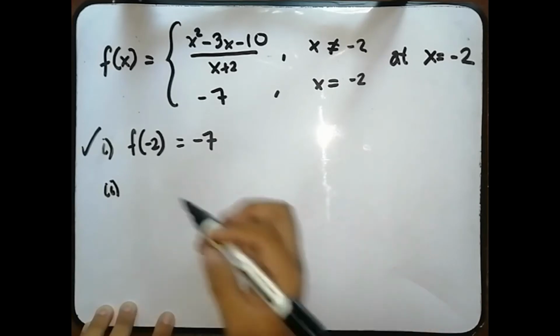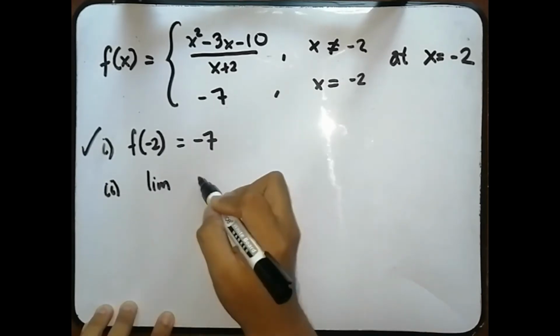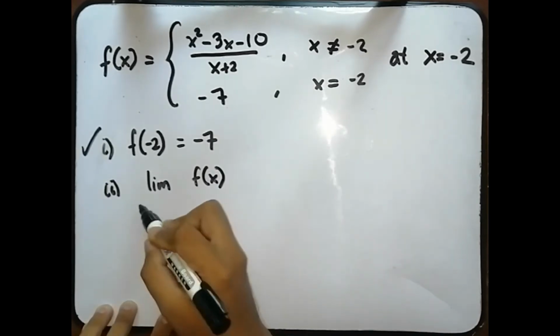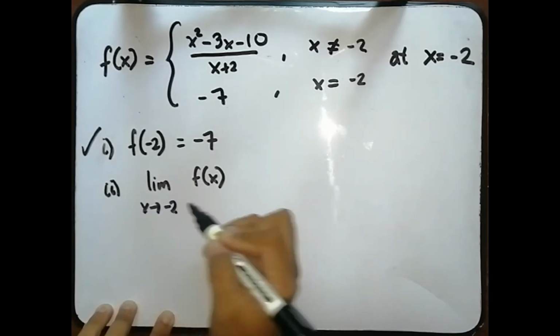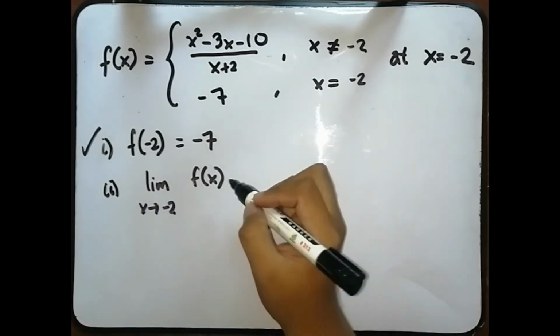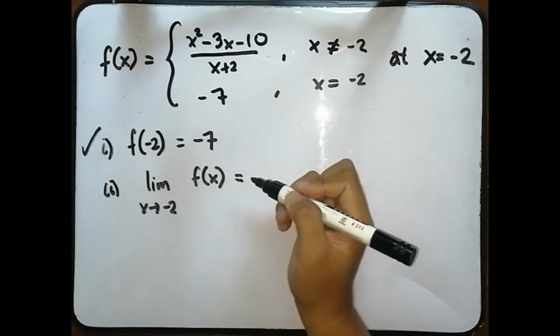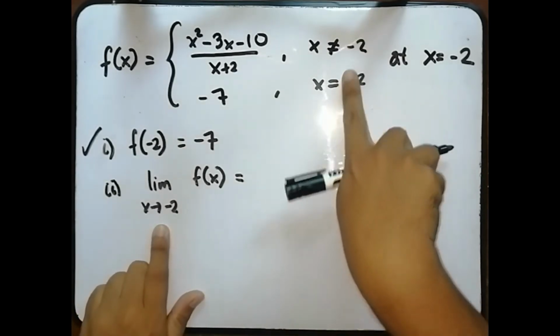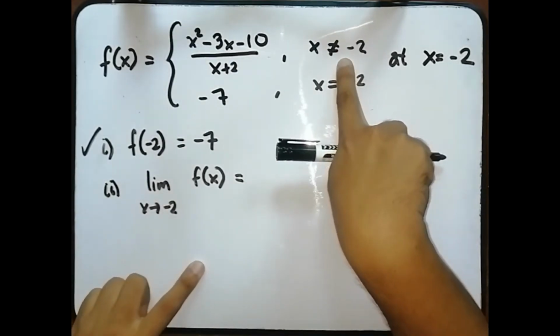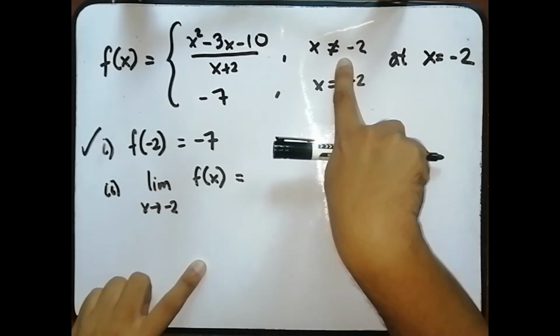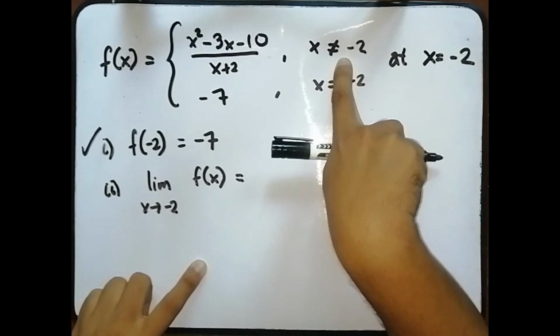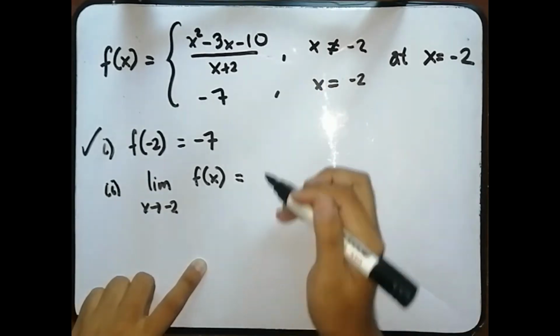Second criterion, the limit of f of x as x approaches negative 2 must exist. Ano ba to? So ang gagamitin natin is yung not equal to negative 2. Kasi di ba kapag kinukuha natin yung limit, kinukuha natin yung values approaching negative 2 but not equal to negative 2. So etong gagamitin natin.